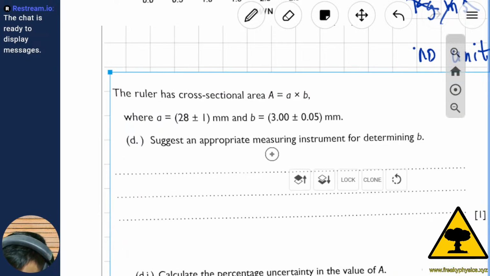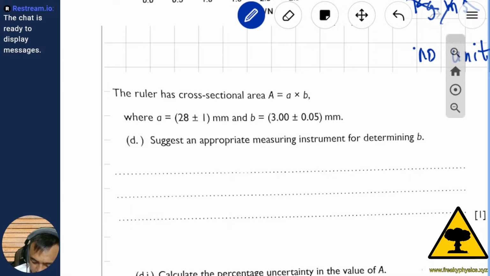Look, it's in millimeters, and we go to two decimal places. So we can't use a ruler here, right? I will tell you this much: this doesn't feel like an IB question, this feels like an A level question to me. Just so you know, in our exam it's going to be different, but it's still useful either way.